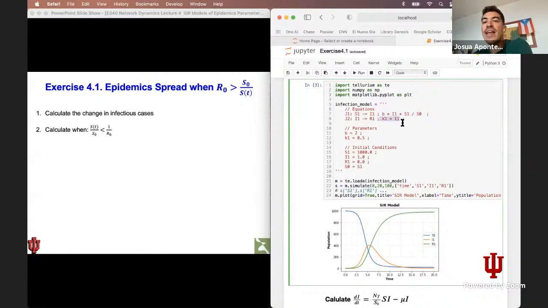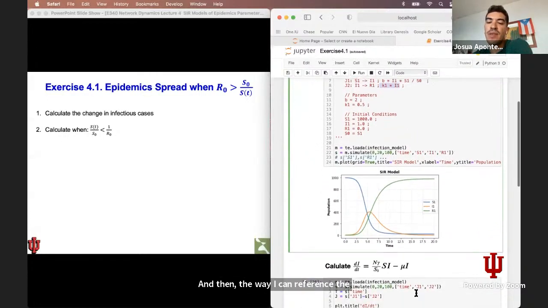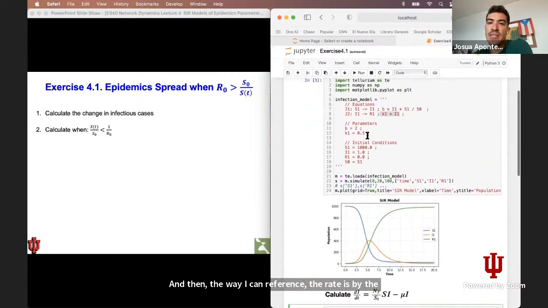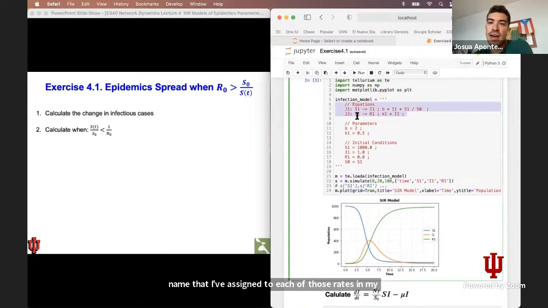And the way I can reference the rates is by the name that I've assigned to each of those rates in my equation. So see, in lines 7 and 8, I defined the rate of transition between S1 and I1 as J1, and the rate of transition between I1 and R1 as J2.